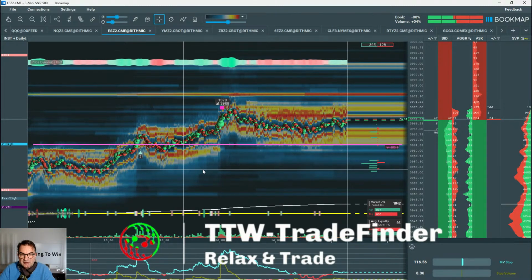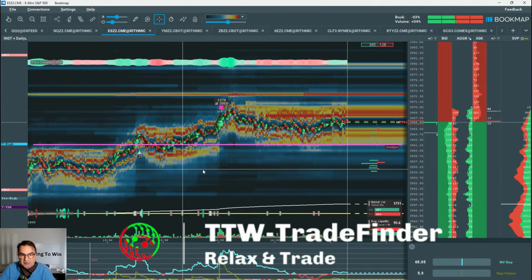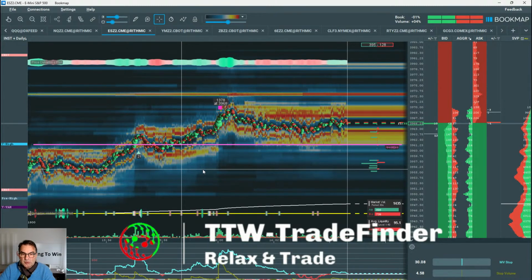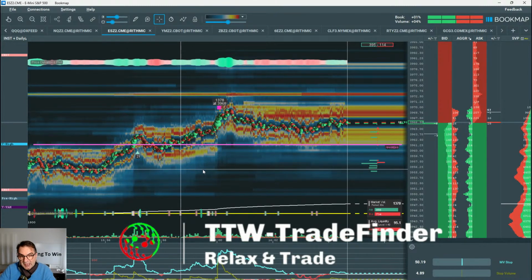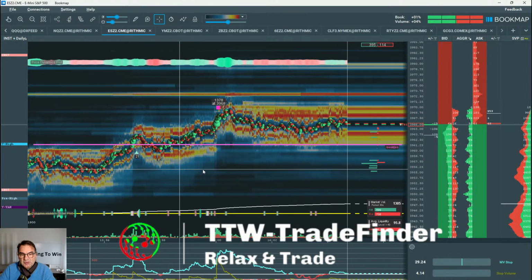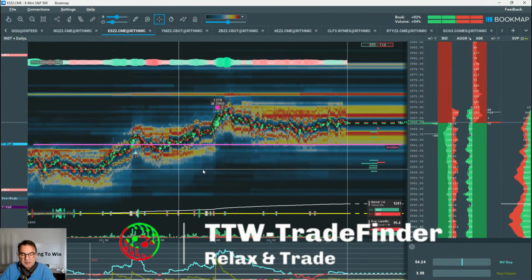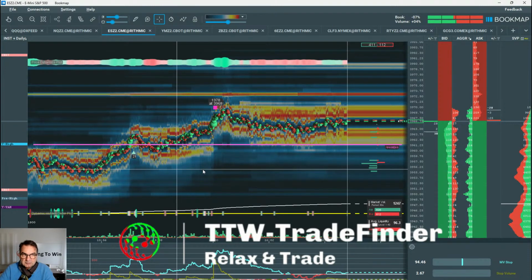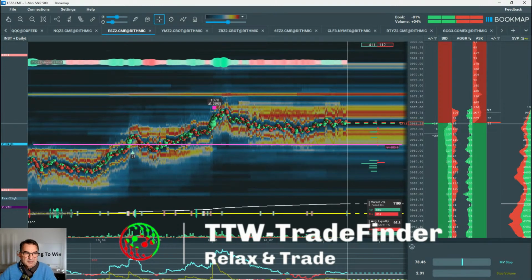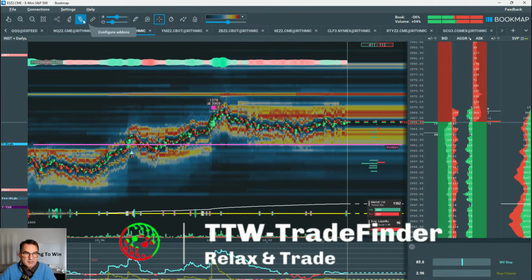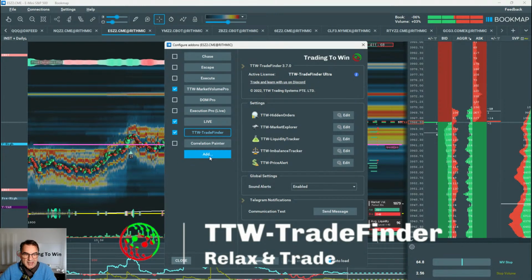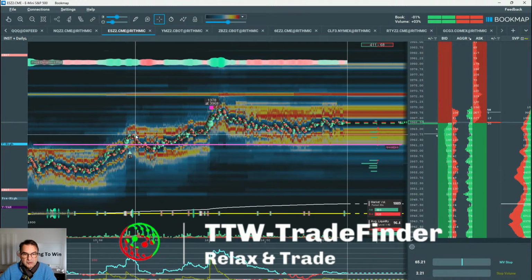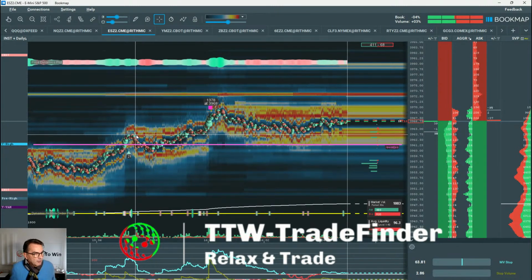That's the safest setup for all files you add in Bookmap. Simply unzip, copy and replace, and then restart Bookmap. Add it using the plugin, the configure add-ons, add it, and that's it. You don't need to do anything else.